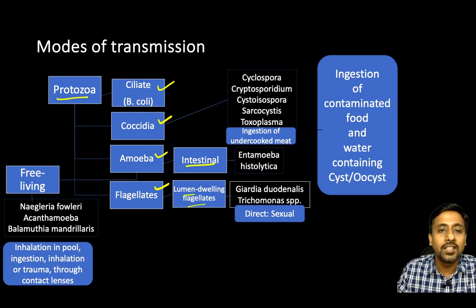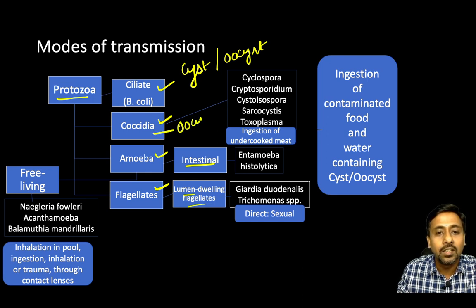They contain either cyst or oocyst. Oocyst is present in coccidia, and cysts are present in the ciliate Balantidium coli, the intestinal amoebae, and the lumen dwelling flagellates.